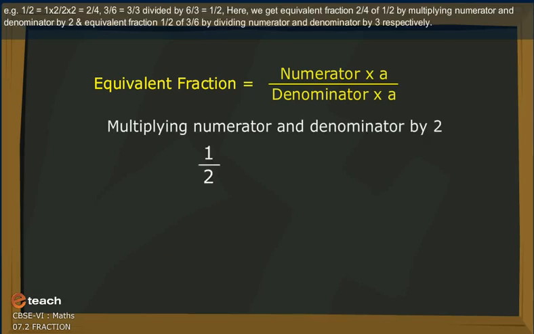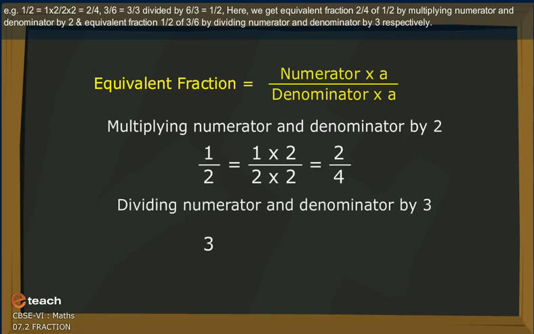Example: 1 by 2 is equal to 1 multiplied by 2 divided by 2 multiplied by 2, that is equal to 2 by 4. 3 by 6 is equal to 3 divided by 3 over 6 divided by 3, that is equal to 1 by 2.